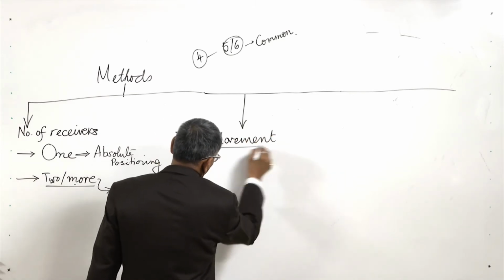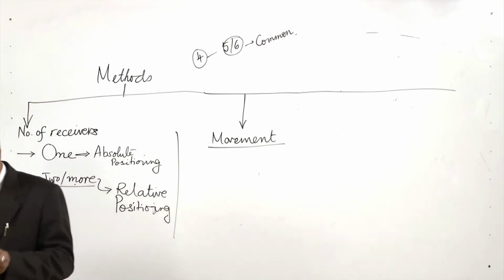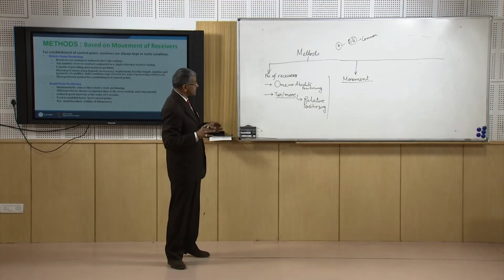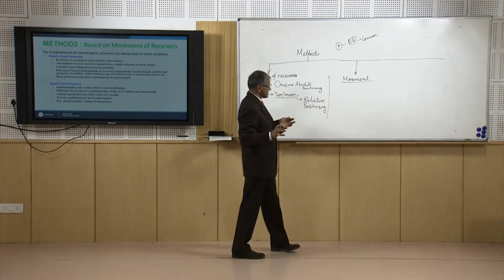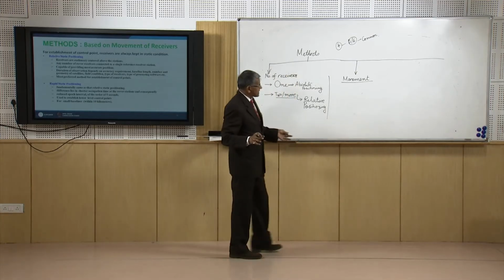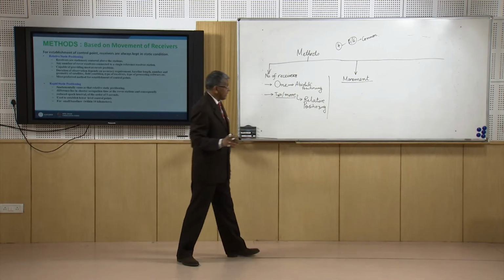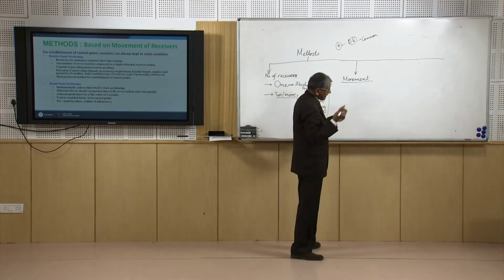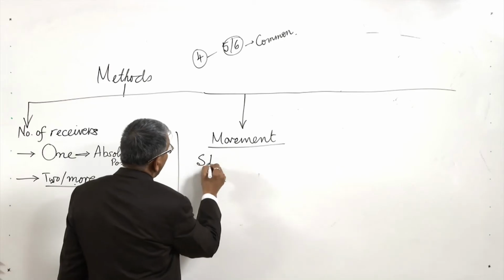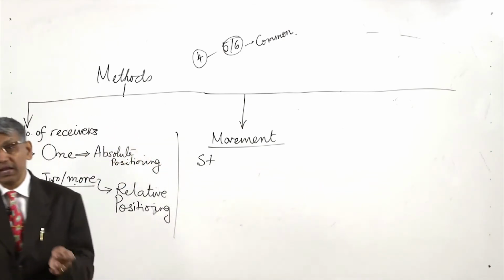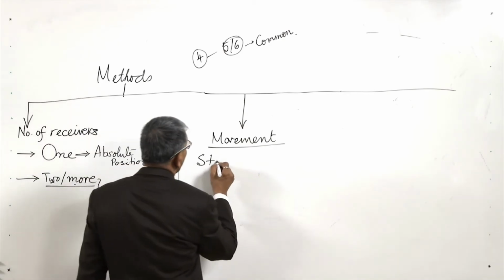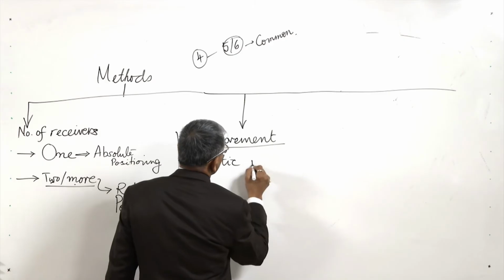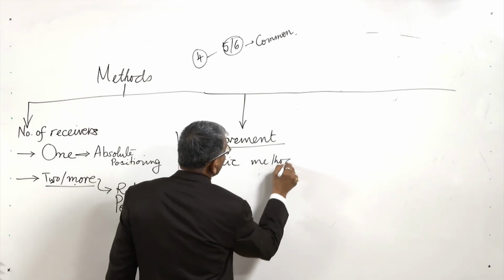As I told you, our class is restricted to methods for establishment of control points. In the case of establishment of control points, our receiver should always be in a static condition. So, static method of surveying.